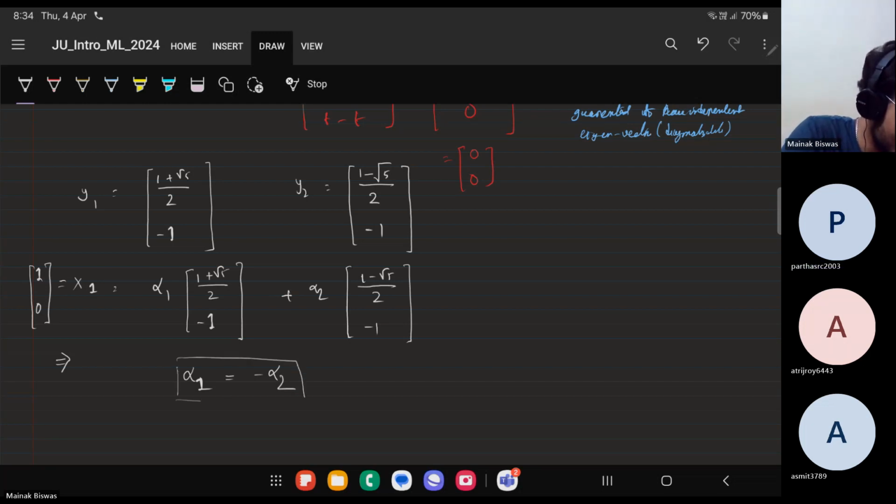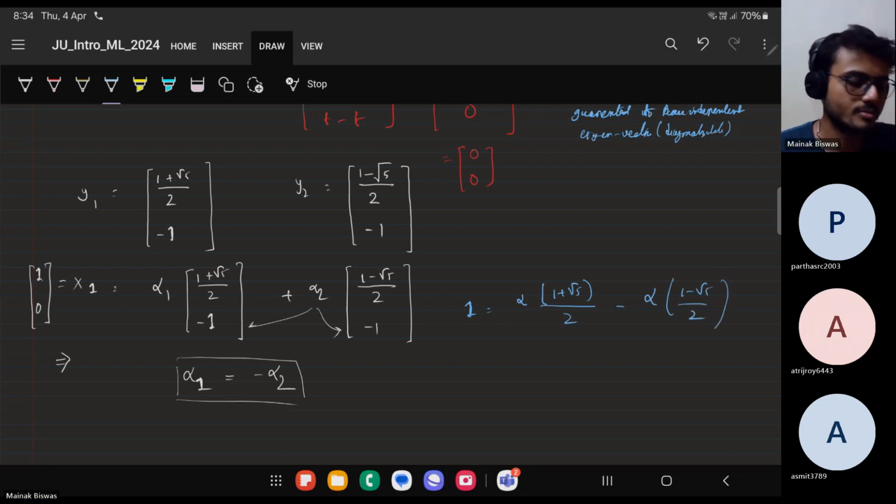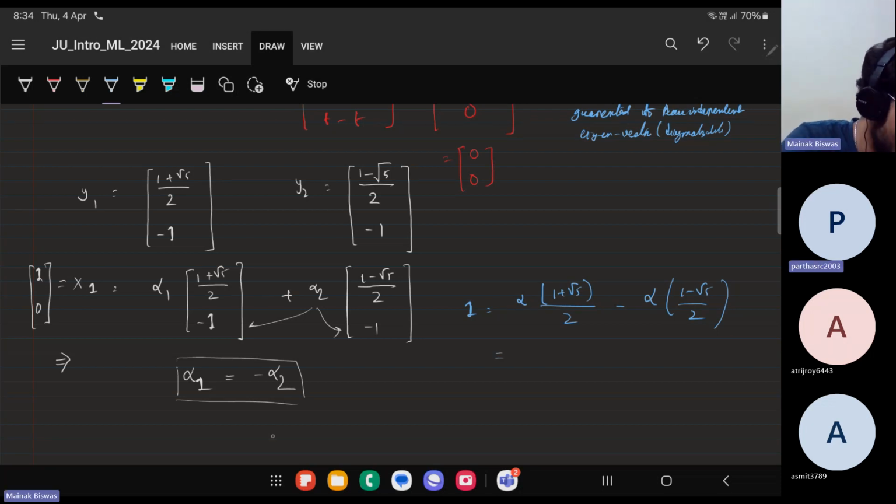From this second equation we'll get, now I can easily write 1 is equal to alpha 1 plus root 5 by 2 minus alpha 1 minus root 5 by 2. Yes or no? It will be alpha 1, alpha 2, no? Oh okay, alpha. Yes.